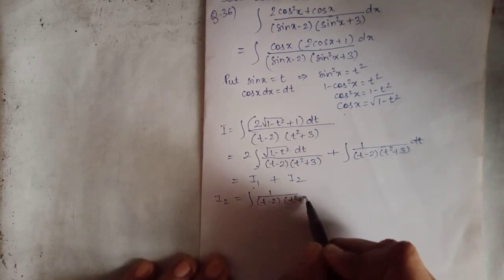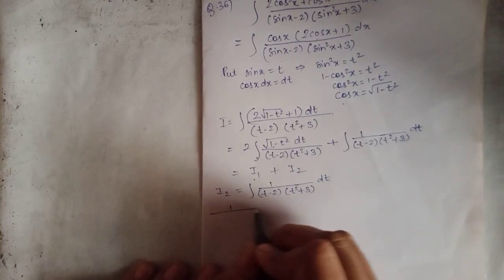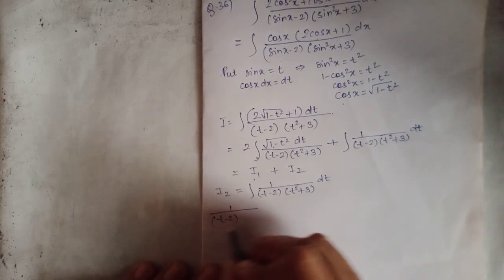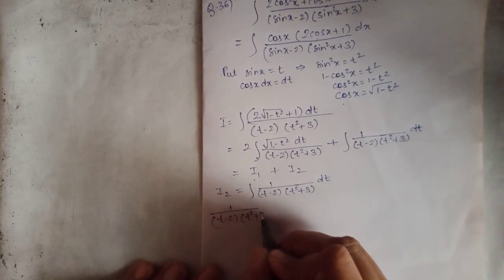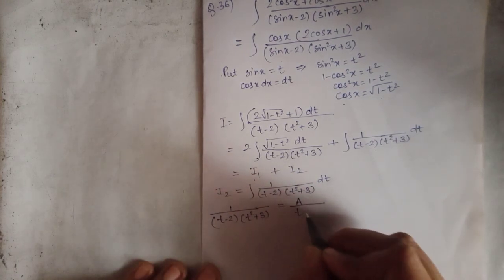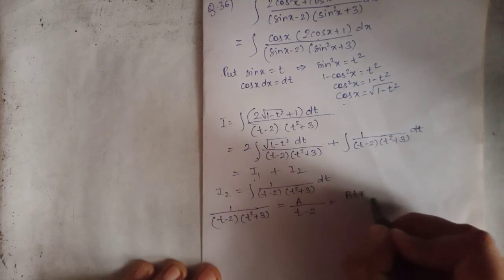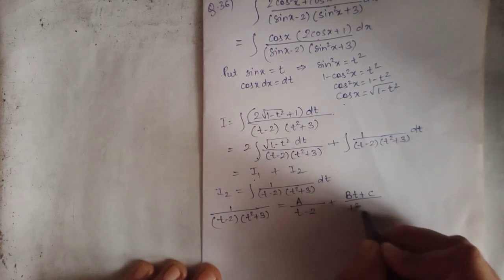So using partial fractions, 1 upon (t minus 2)(t square plus 3) equals a upon t minus 2 plus (bt plus c) upon t square plus 3.